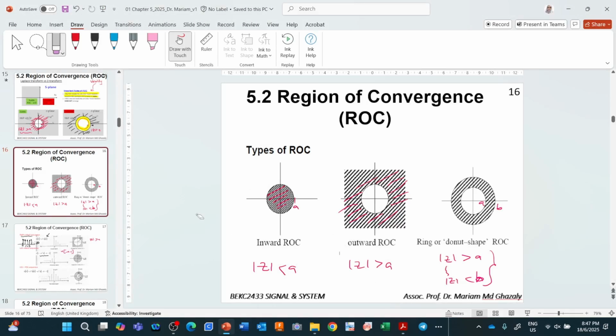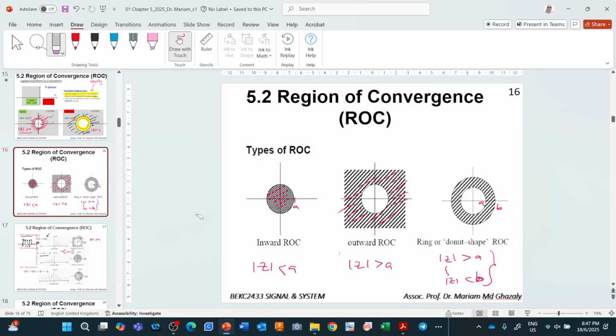Third, we call it the donut type or ring type ROC. Basically you have a combination of Z more than A and Z less than B, where A and B are just values.